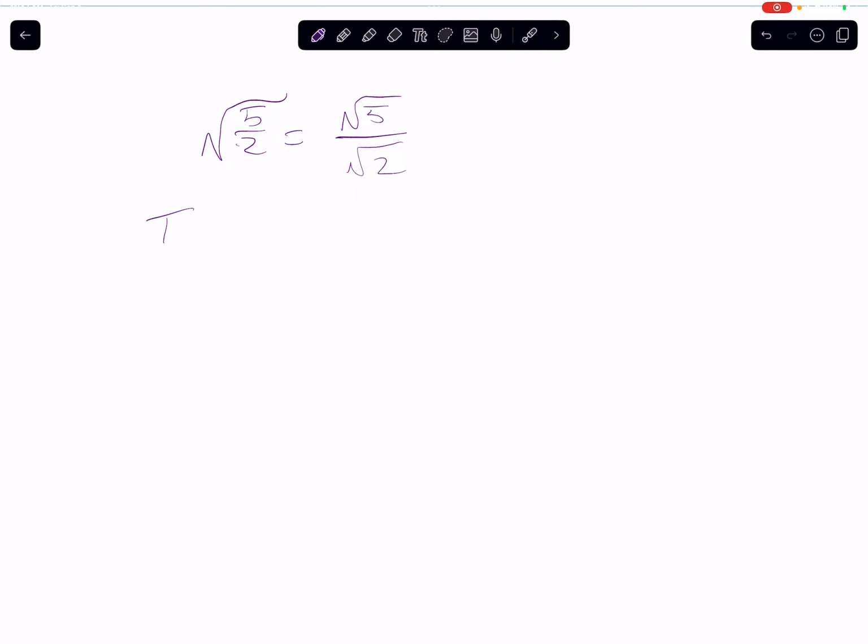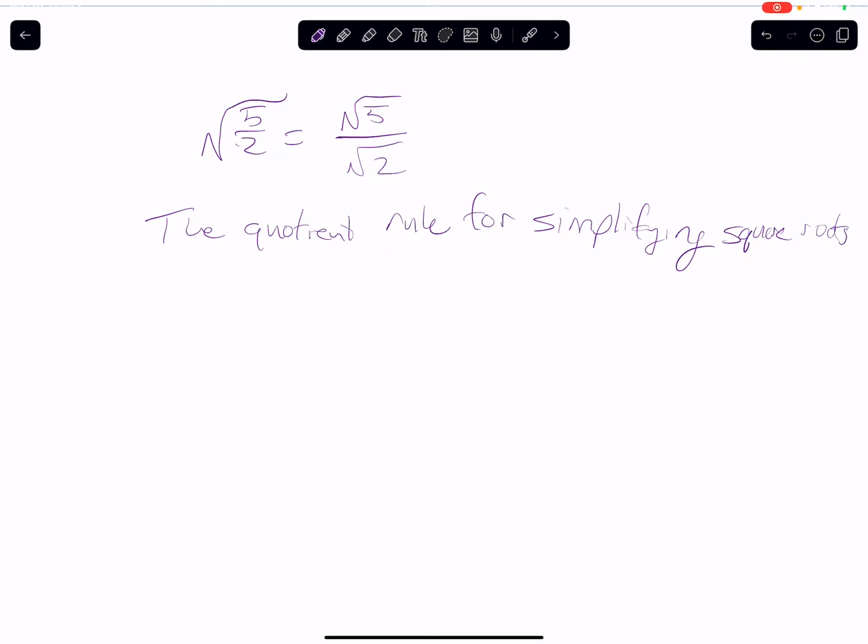So in general, the quotient rule for simplifying square roots is as follows. This is a definition.